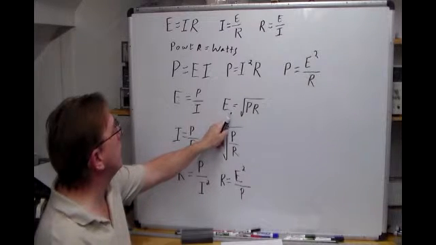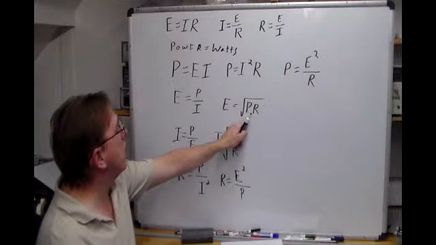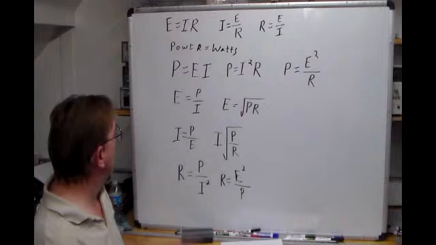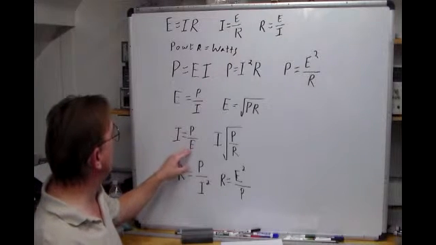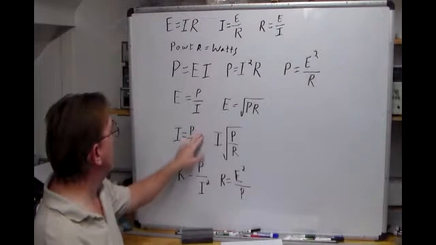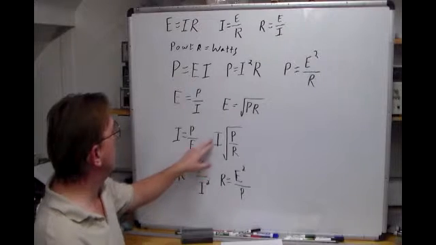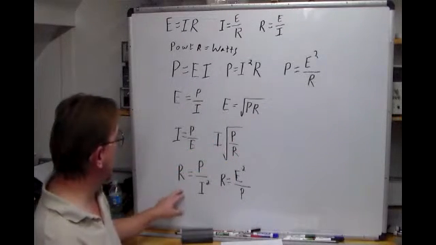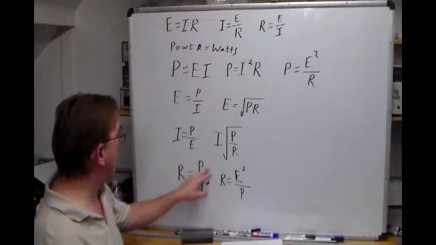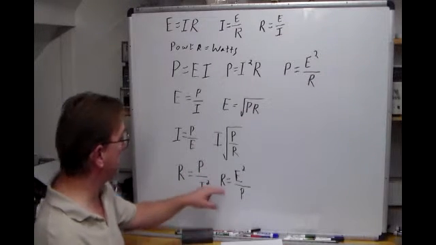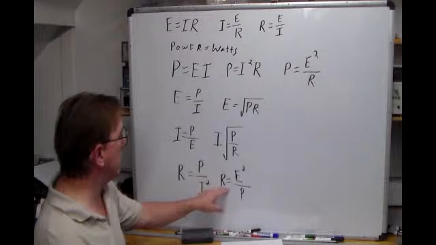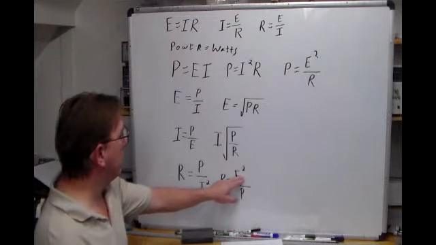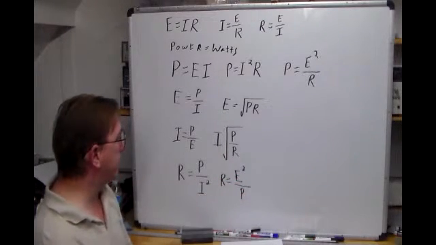Also, you can calculate it from the square root of power times resistance. Your current you can calculate from power over the voltage. Also, you can go the square root of power over resistance. Resistance is calculated from power over current squared. Or the resistance can be calculated from the voltage squared over power.